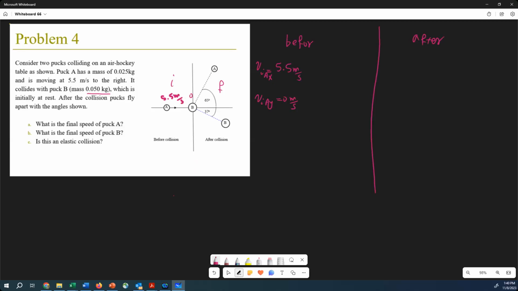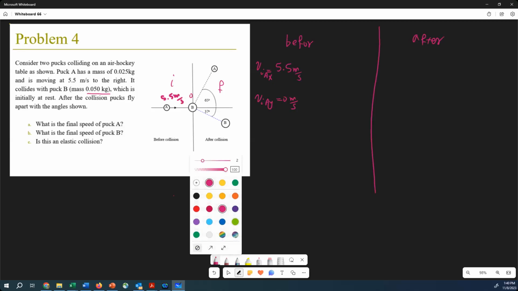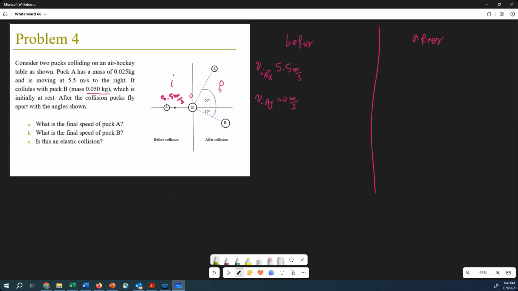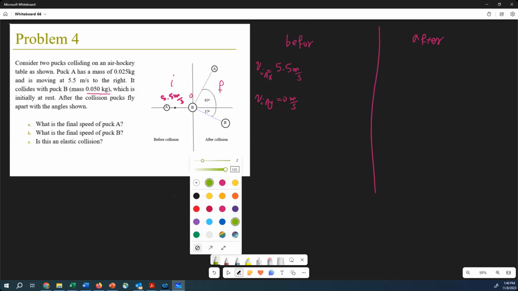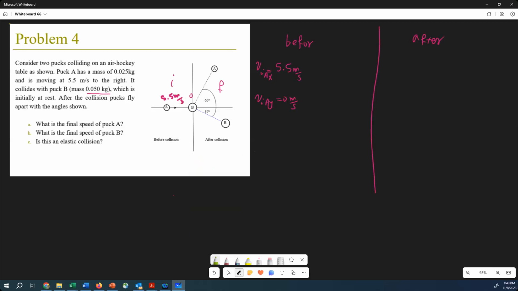And then what I do: initial velocity of puck B in the x-axis is 0. You know what it means when I say VIBX? Initial velocity of puck B at the x-axis is 0.